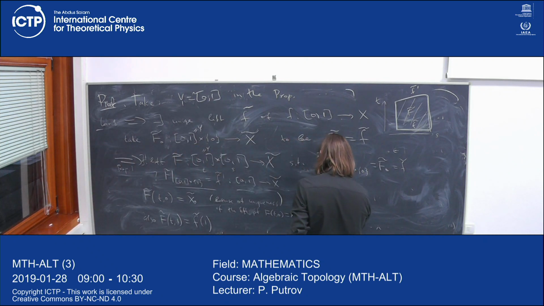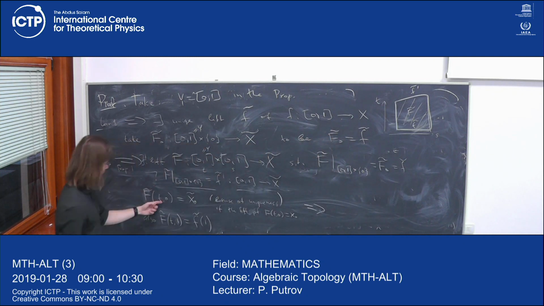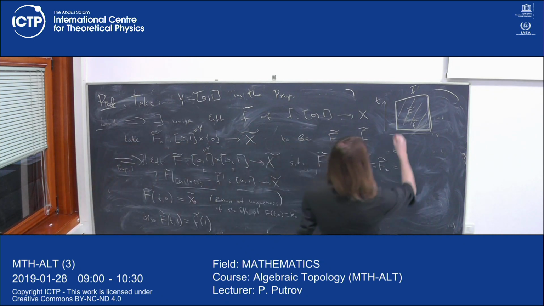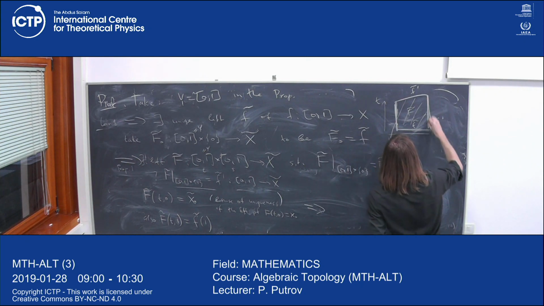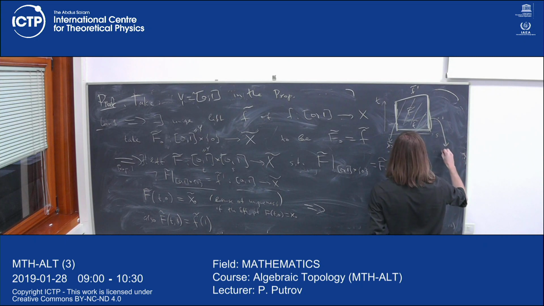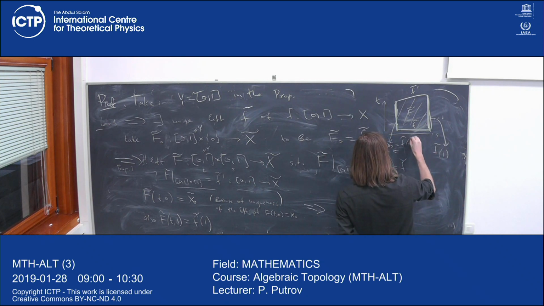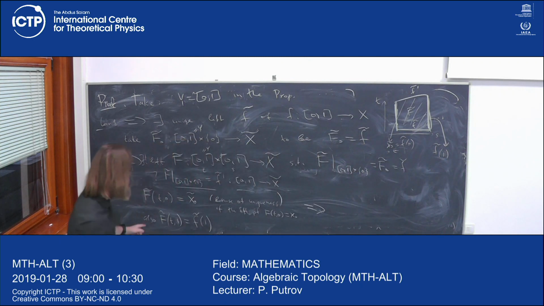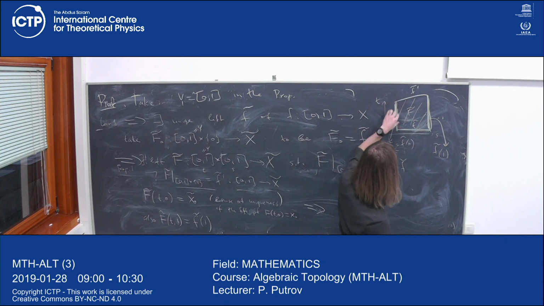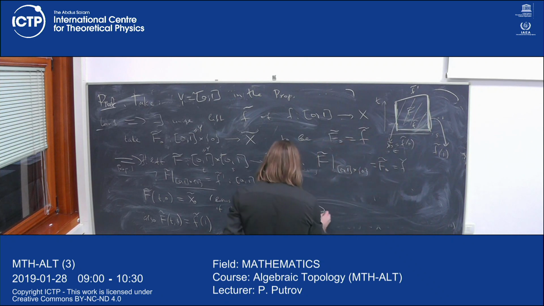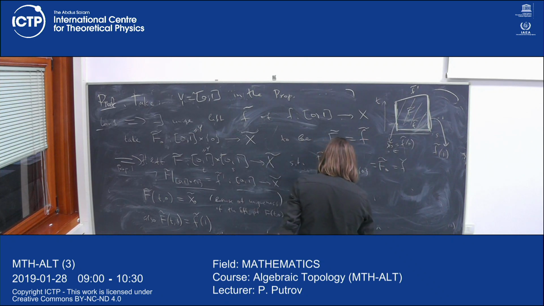And then what we showed here is that this edge is mapped to x0 tilde, and this whole edge must map to F tilde of 1. So this was F tilde of 0. So since these edges map to fixed points, it follows that F tilde is a path homotopy.